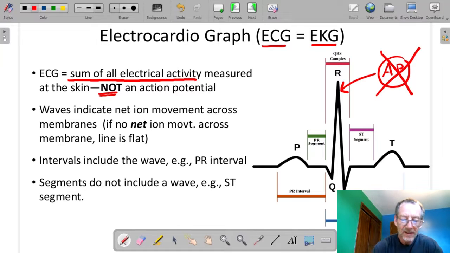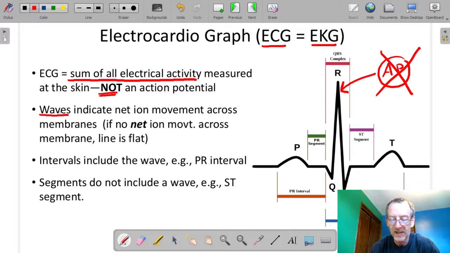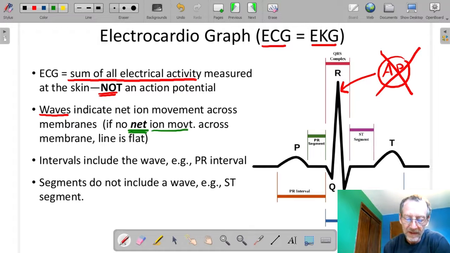And along those lines, the waves, the bending of the tracing, either up or down, indicate the net ion movement across the cell membranes of the heart, and that signal reaches the surface of the skin. So what's key to remember is that this is the net ion movement across the membrane.